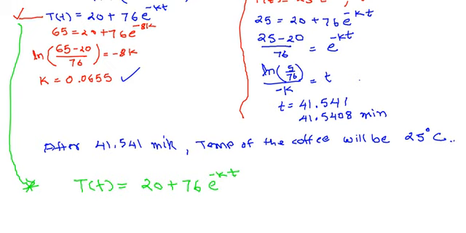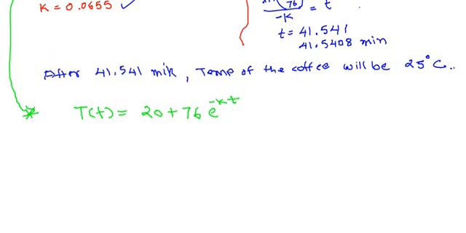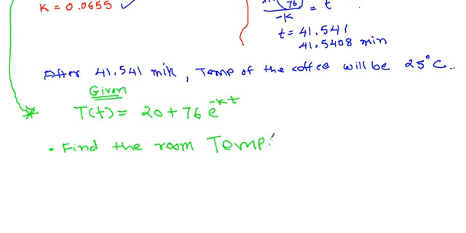Going a little sidetrack here, what happens if you are given something like this, and the question is, find the room temperature, and you must show mathematics to justify.